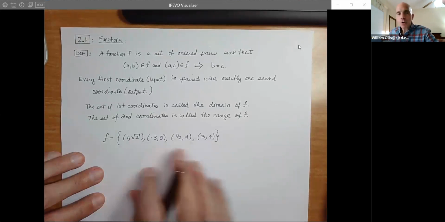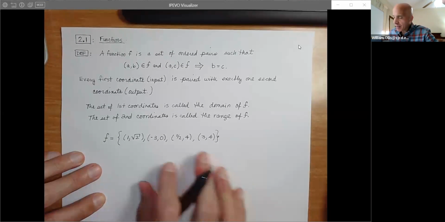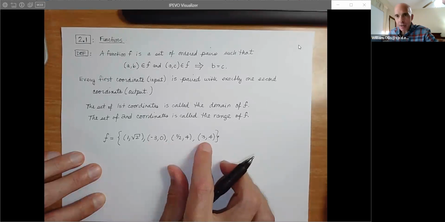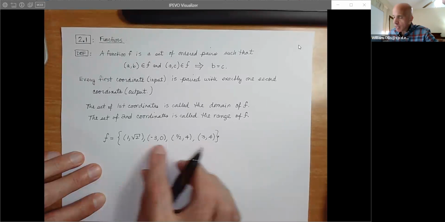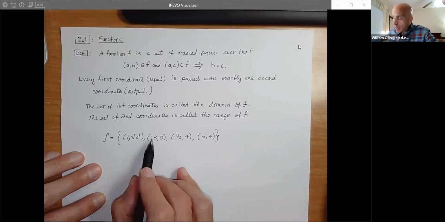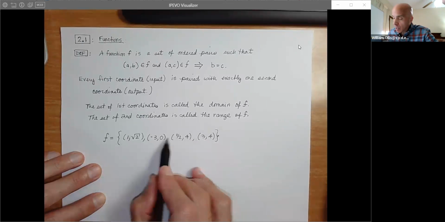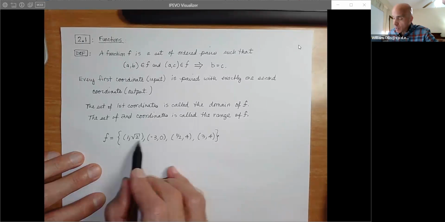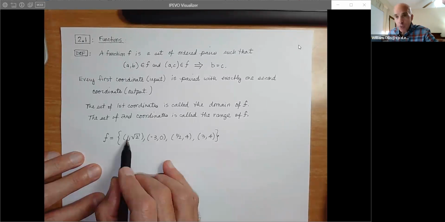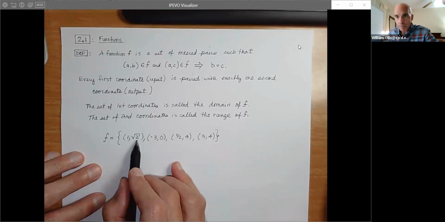Now, I've given you a function. That is, when you look at this, you can give me the set of first coordinates, and you can give me the set of second coordinates. And also, you notice that when it comes to all of these particular ordered pairs, we have every first coordinate paired with exactly 1 second coordinate.